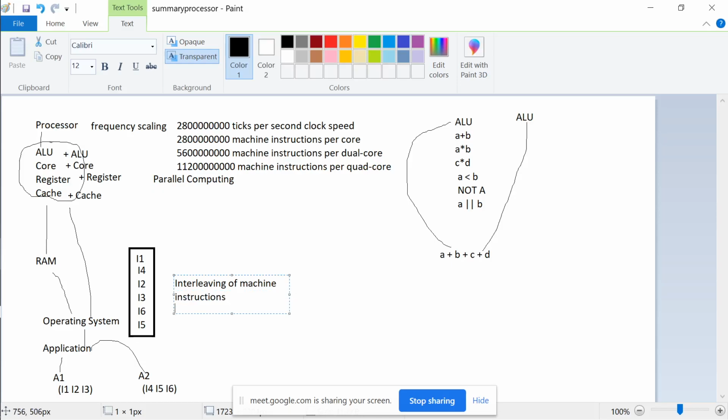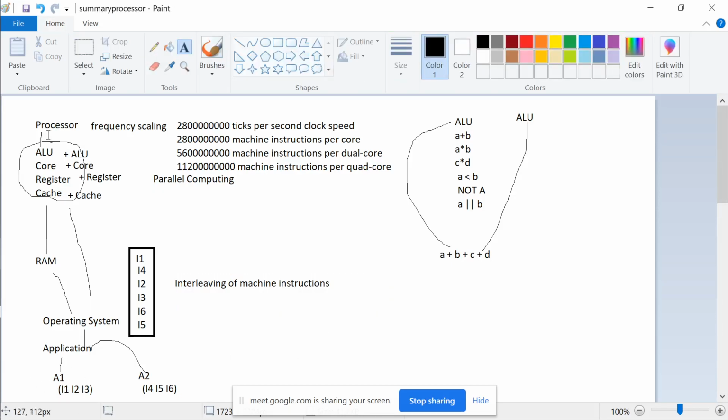Because you are interleaving the machine instructions, no one application is getting all the processor time all the time. There will be some piece of the processor which application 1 will get, some piece of the processor application 2 will get, because all the instructions are queued up, right? So everybody is going to progress forward slowly and steadily.